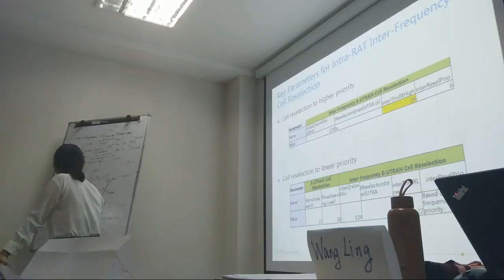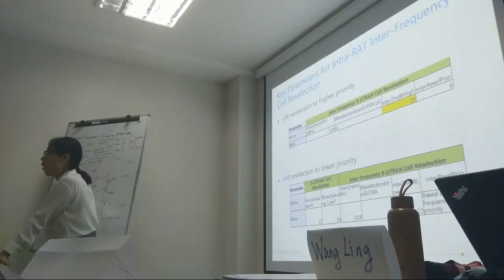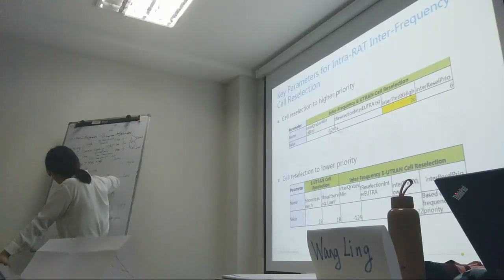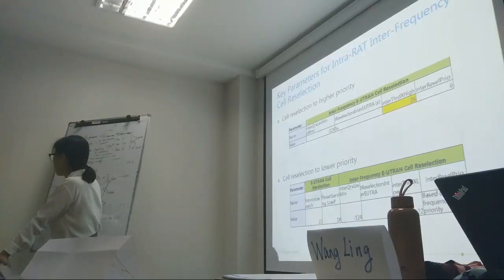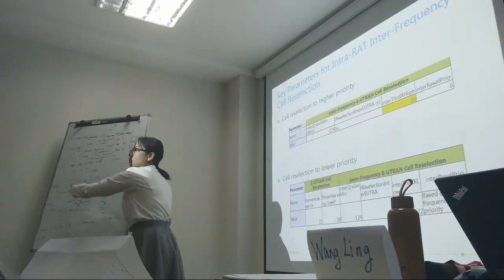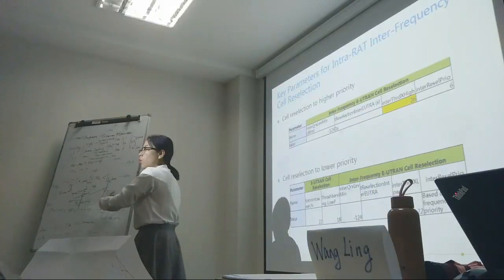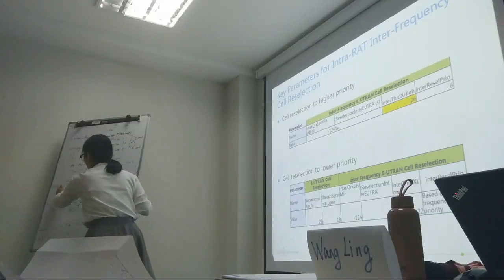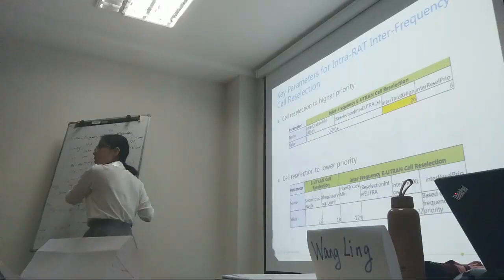If myself is lower than this value and the neighbor cell is greater than this value, then in this area I will reselect to it. This is the reselection relation: one performs the high, one performs the low, one performs the same.